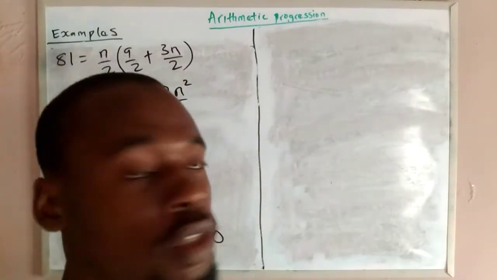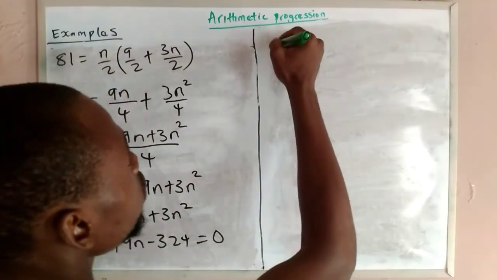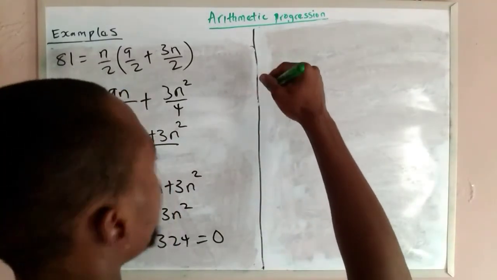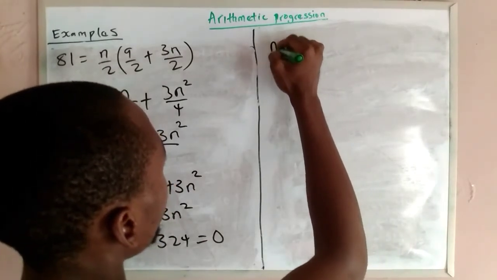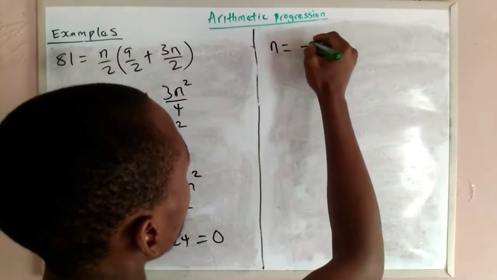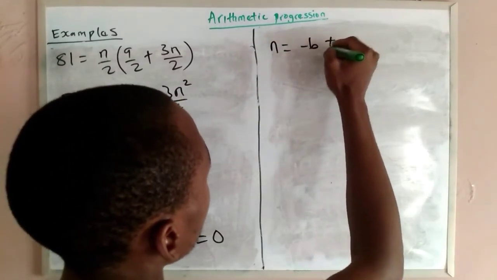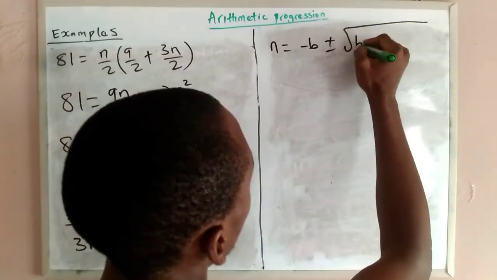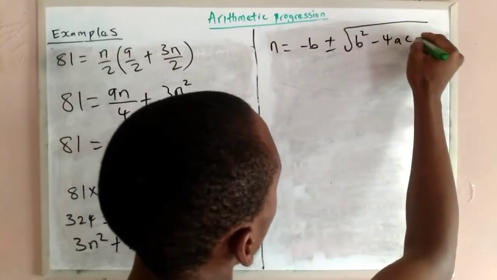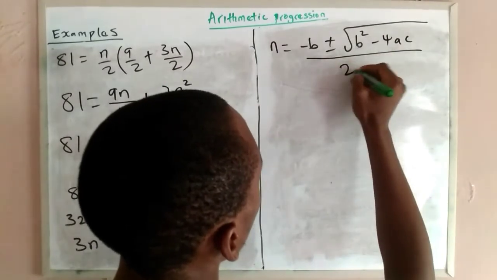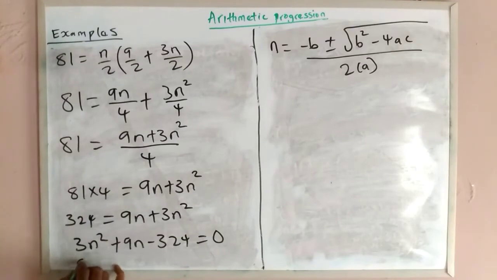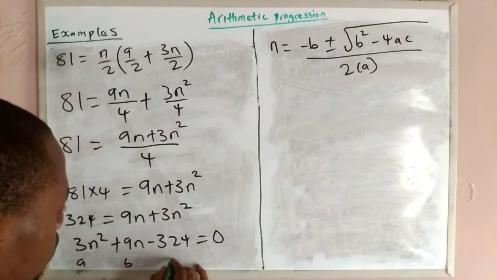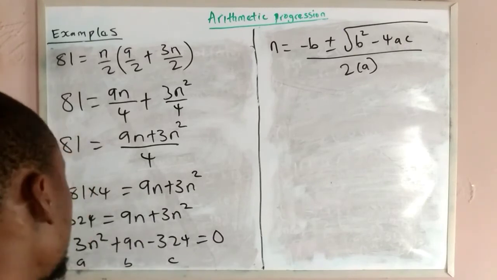To solve this equation now, we make use of the general formula for a quadratic equation, which is n is equal to minus b plus or minus root of b squared minus 4ac all divided by 2a. 3 is our a, plus 9 is our b, and minus 324 is our c.